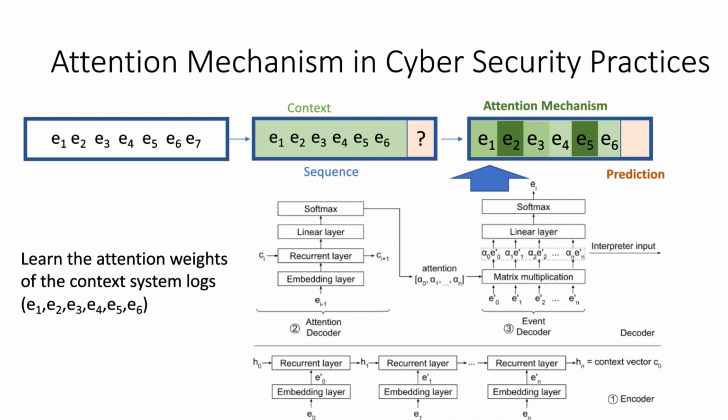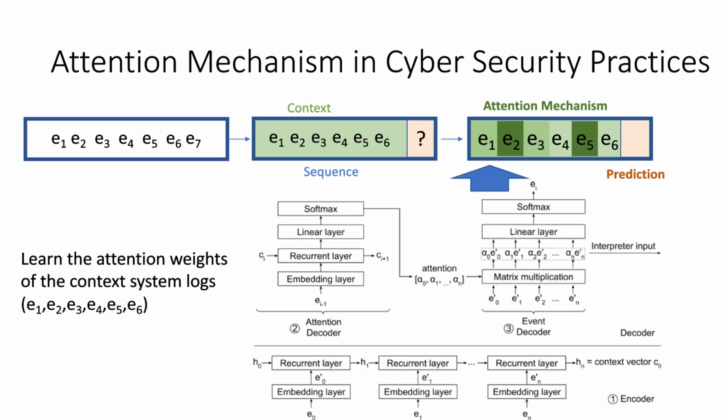Here it is a simple recurrent neural network, but we add attention weights to different logs, because you might have really long system log observations, maybe 100. The logs at the beginning probably have really weak correlation with the logs at the very bottom.